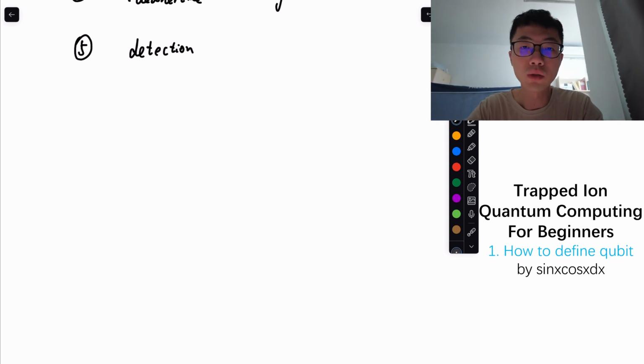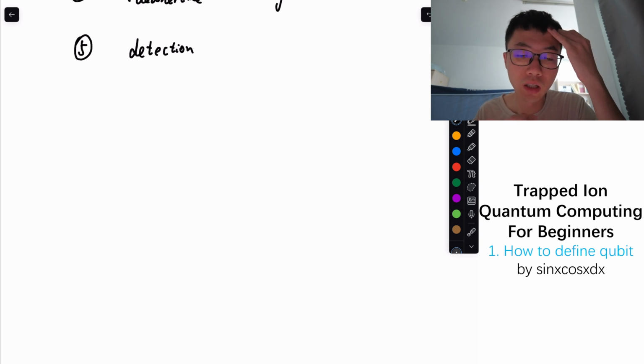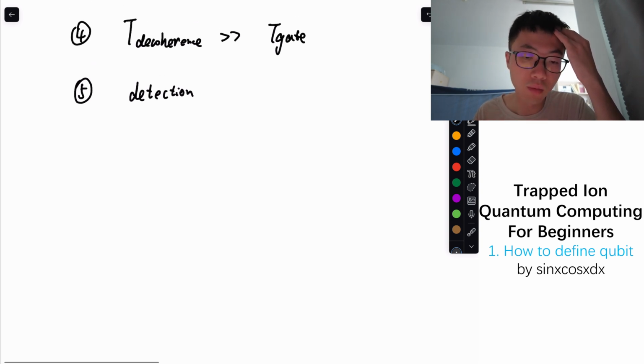However, we don't want neutral atoms. We want ions. We want it to have a positive charge, so that we can use the electric field to confine it, and also use the Coulomb interaction to transfer information between different ions, so that we can form some entanglement between different qubits. This is how we communicate.